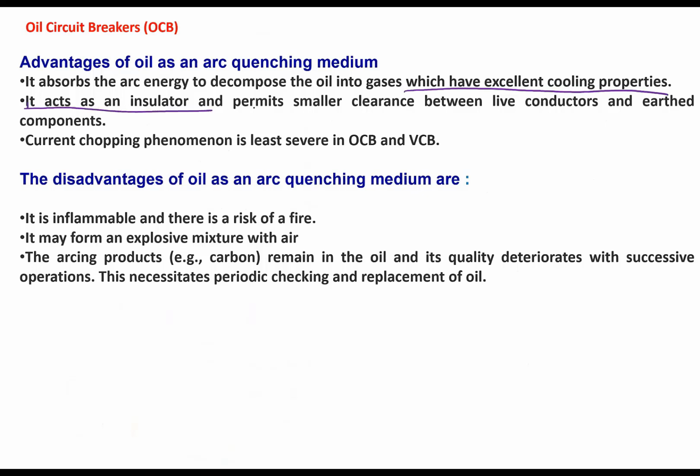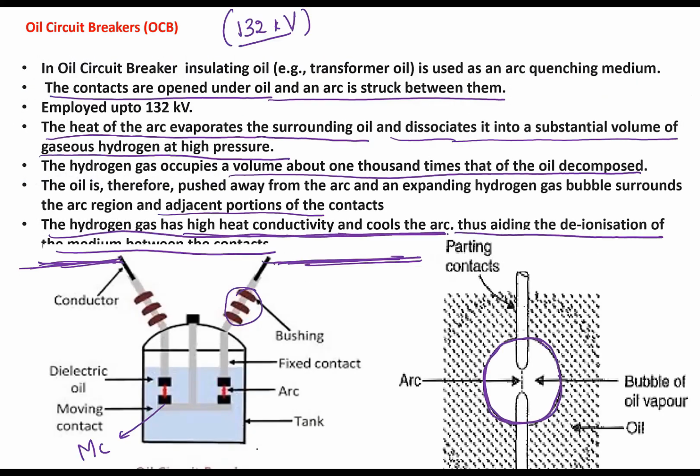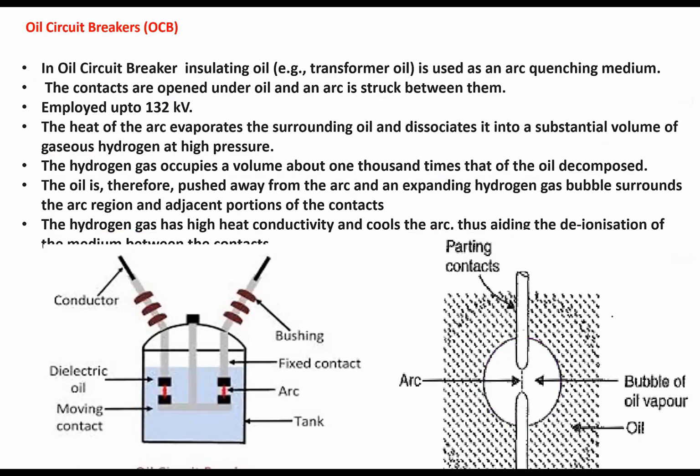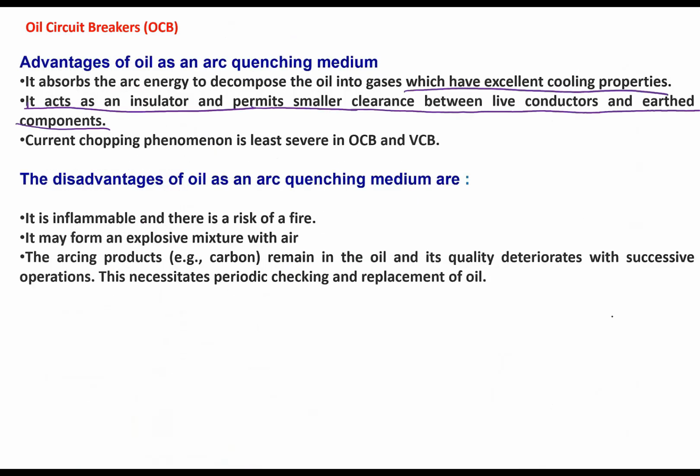So it acts as insulator and permits smaller clearances between live conductor and the earthed components. So the body is grounded. Since you are separating the body and the contacts with oil, it is providing both cooling as well as the insulation for the live contacts with the body, with the earthed contacts.